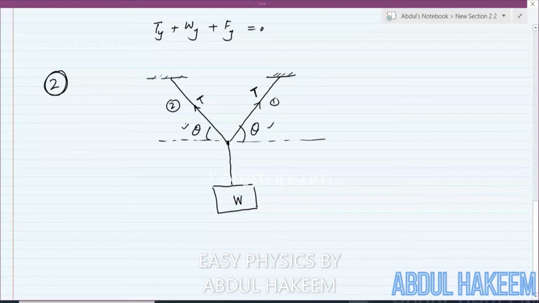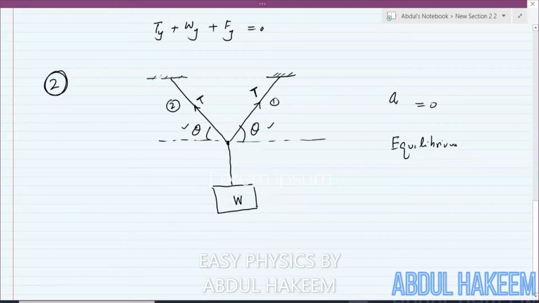So do remember, if both strings are making the same angle with the horizontal line, then their tension will be the same. Now this object is hanging, it is at rest, no acceleration in it, so it is in the state of equilibrium.